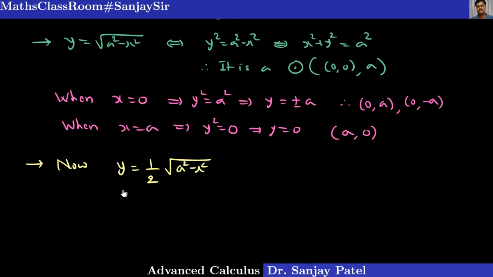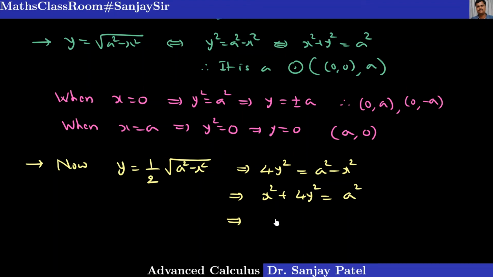Okay, so if you simplify this, squaring both the sides, we'll get 4y square is equal to a square minus x square. This I can rewrite as x square plus 4y square is equal to a square. Now, it is not a circle, definitely, but if you write this properly, you will see it is some known curve.